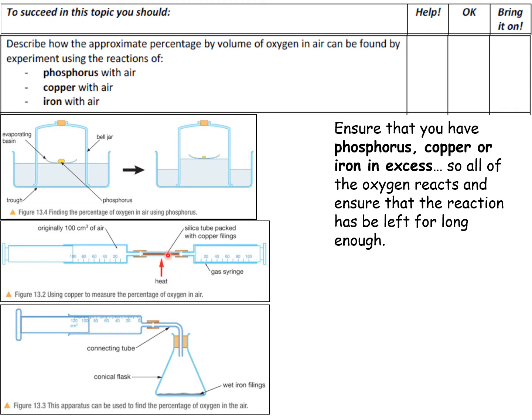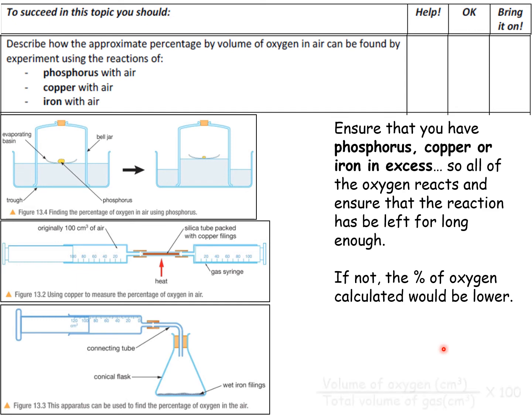When the copper stops reacting or changing color, you can stop the experiment. And with the iron experiment in particular, you want to ensure that you're waiting for long enough. So this is about a week or so, and nothing under a week, because it takes a long time for rusting to happen. Okay, so if you don't do those things, then the percentage of oxygen calculated would be lower.